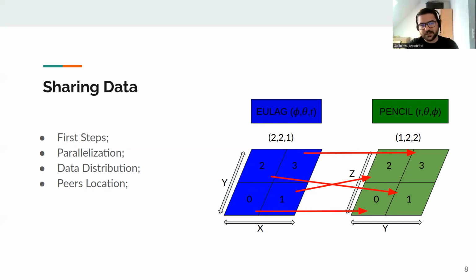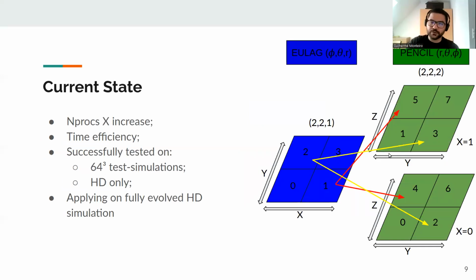And since I've said that we were able to extend the Pencil code so that it could use more than only one processor in the X direction, the determination of peers becomes a little bit harder, because now every processor of OILAG has to send, in this case where Pencil has two processors in the X direction, to two addresses.